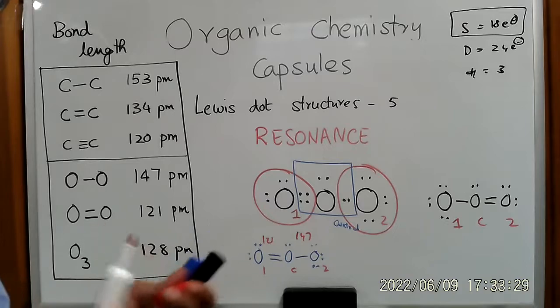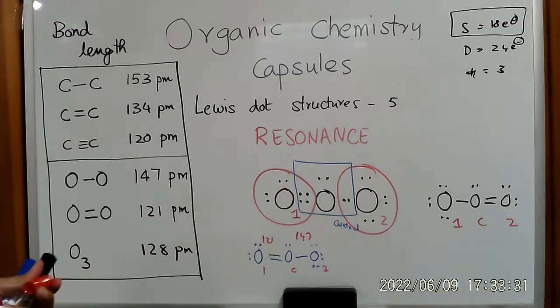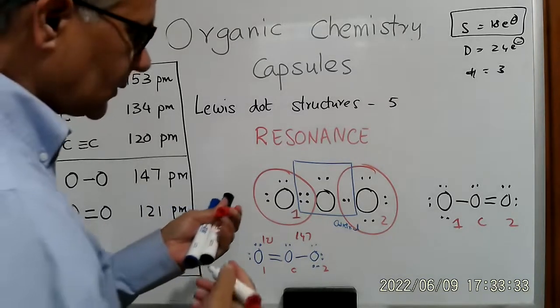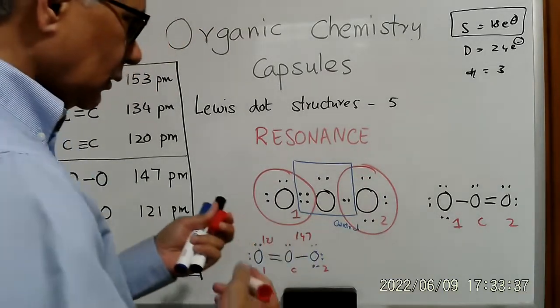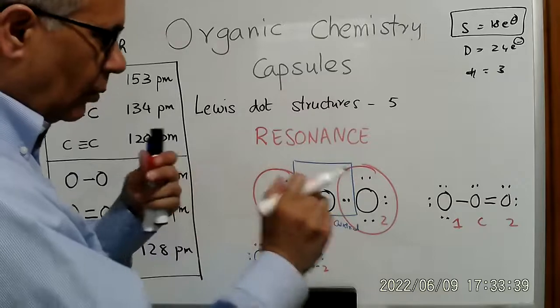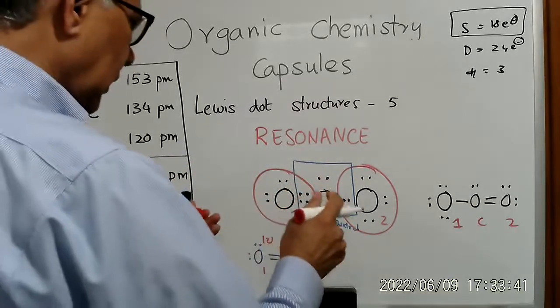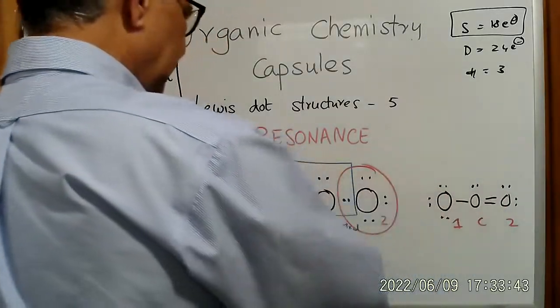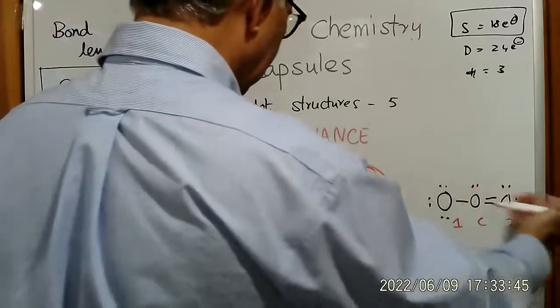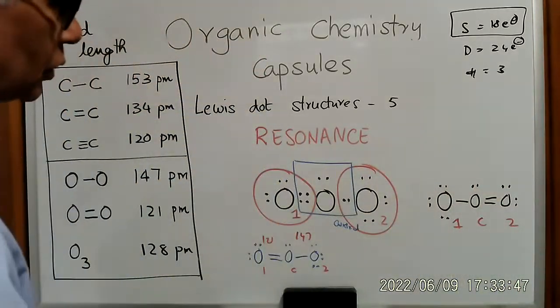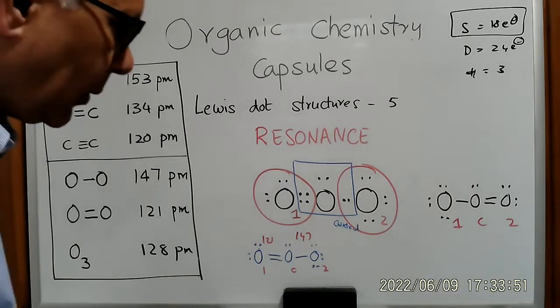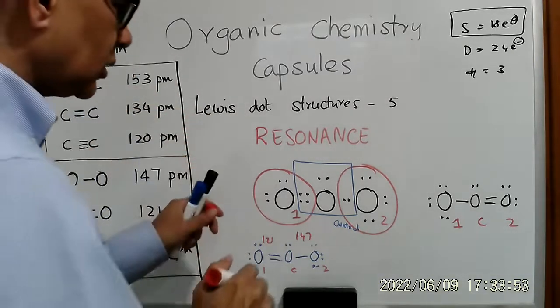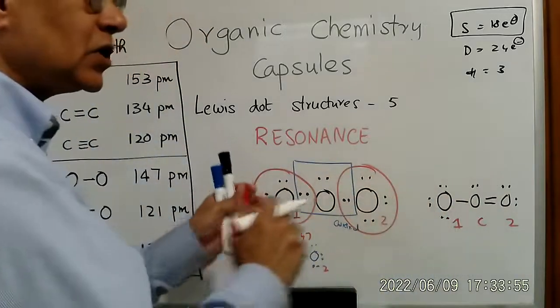Now the single bond and double bond change locations. So, still ozone, and now this double bond, single bond can either be on the left side or the right side, like these two structures. So both structures are possible, both structures happen. The true structure of ozone is something in between.